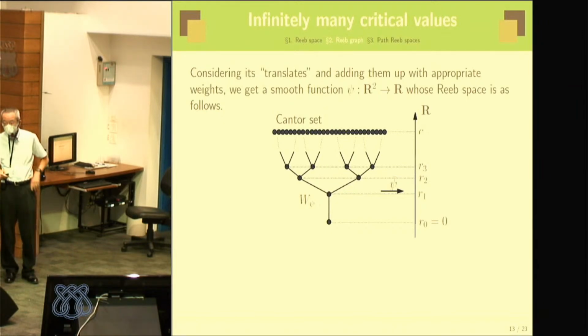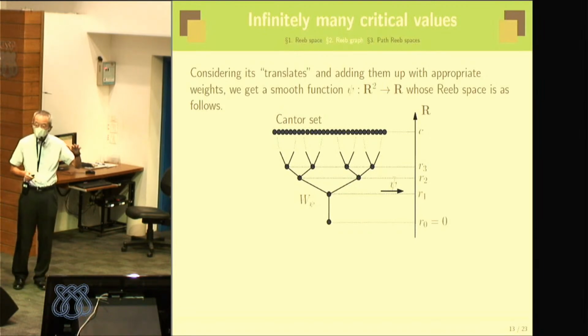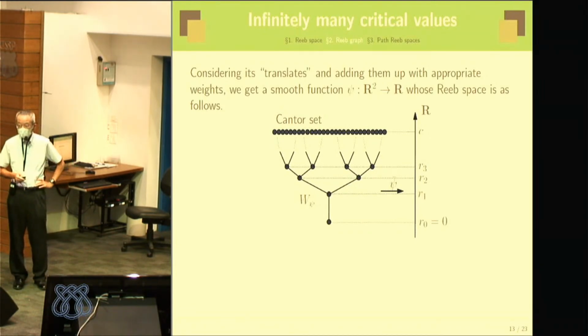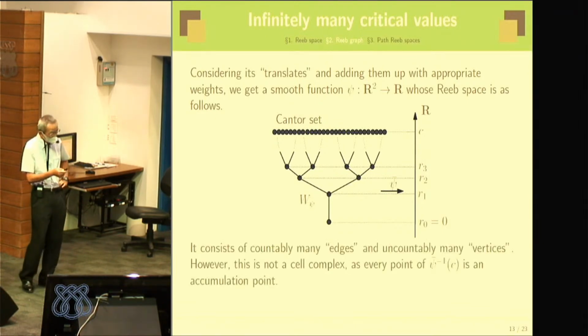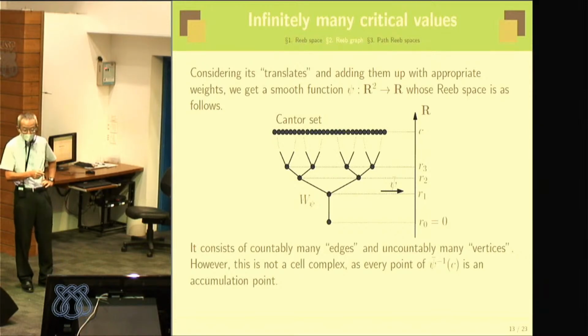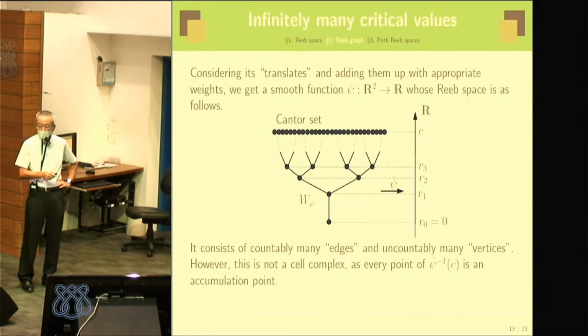If you consider an appropriate weighted sum of these functions, you get a smooth function on the plane such that the Reeb space is something like this. It's very complicated, and it seems to be an infinite graph, but in fact it is not a graph.